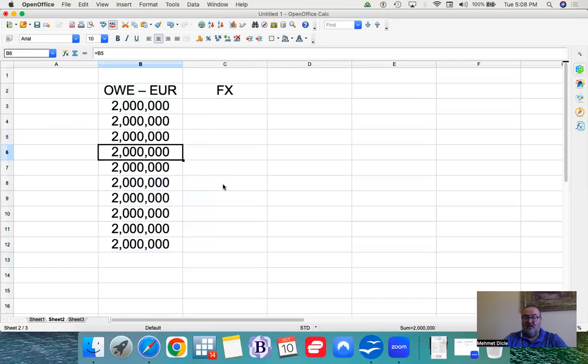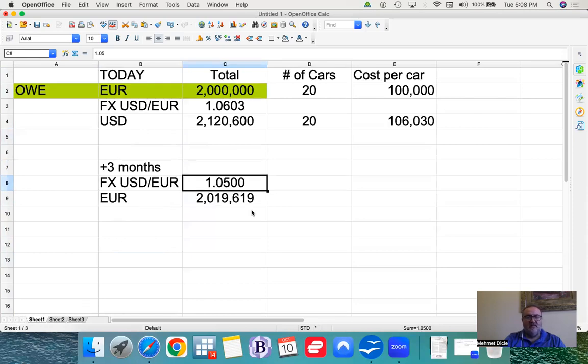And remember, what we're doing now is a scenario analysis of what happens to our position given different exchange rates. So remember again what we're doing. We owe 2 million euros, and today's exchange rate is 1.06, which means that if we were to sell each car at $106,000 and collect $2,120,000, we should be all set.